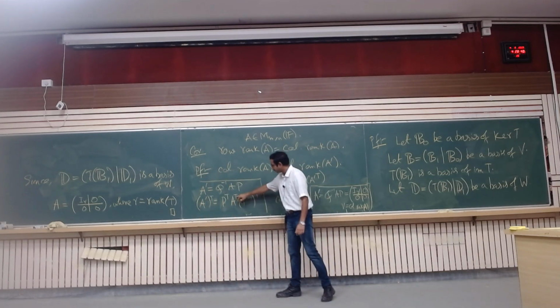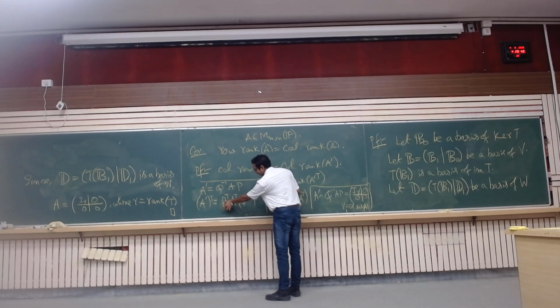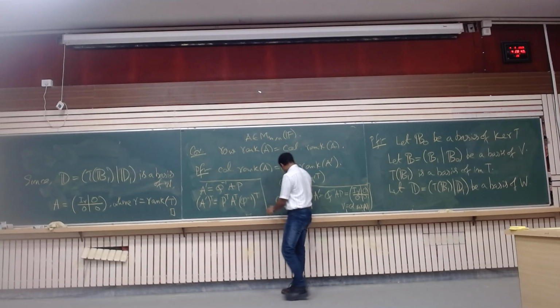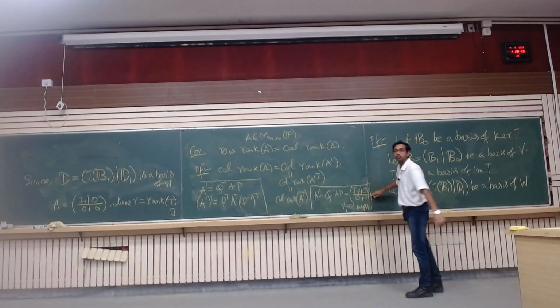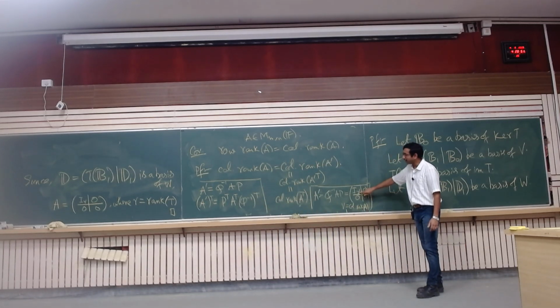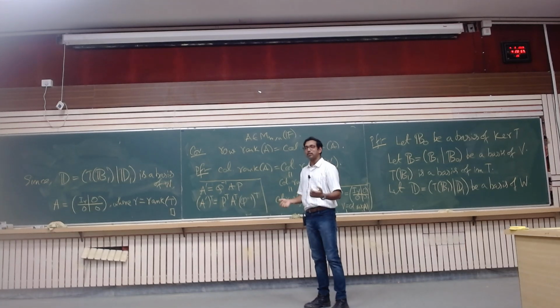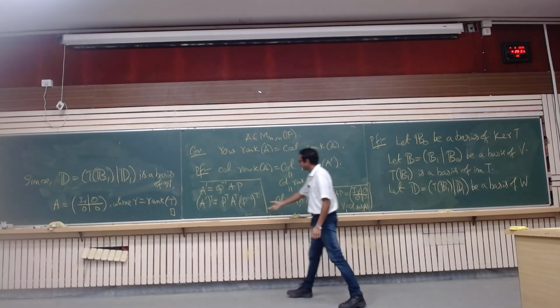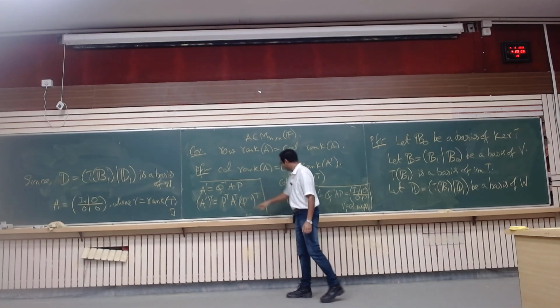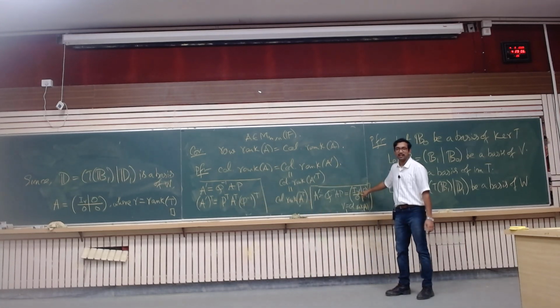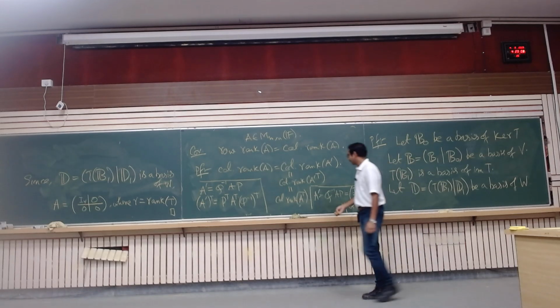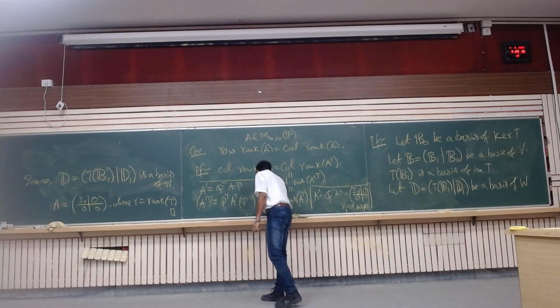So you see, A transpose, you are multiplying with some invertible matrix here, some other invertible matrix here, and you are getting this form, right? This R we saw earlier, right? If we have a matrix, you multiply with two invertible matrices from both sides, its rank doesn't change, right? So that means this will also have the same rank as R, okay? And that's the proof.